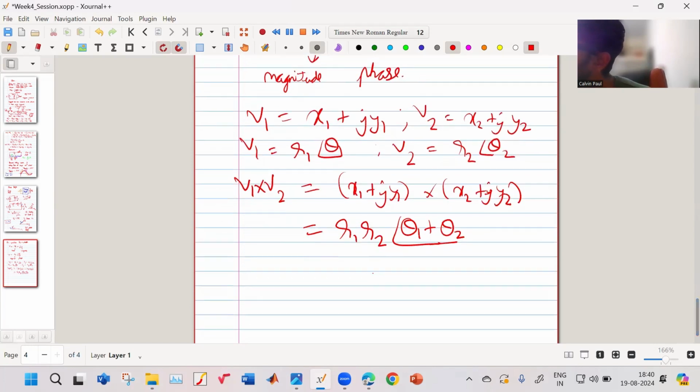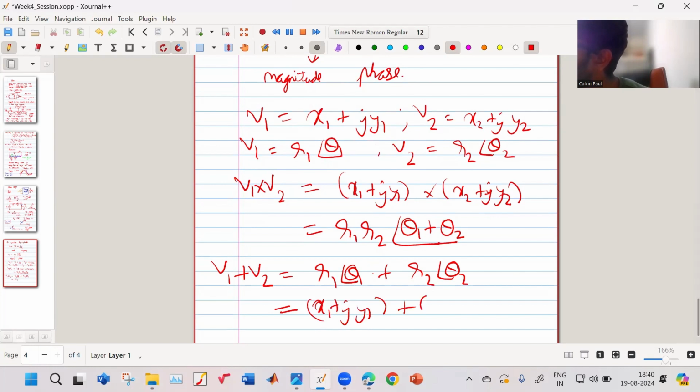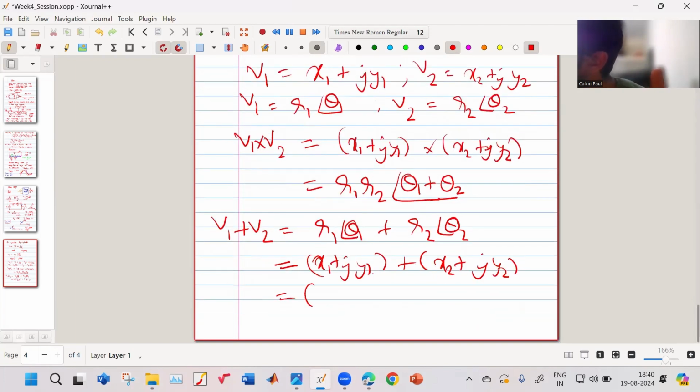Now, if you want to do V1 plus V2, you cannot do R1 angle theta 1 plus R2 angle theta 2. Instead you have to do x1 plus jy1 plus x2 plus jy2, and then write it as x1 plus x2 plus j(y1 plus y2).